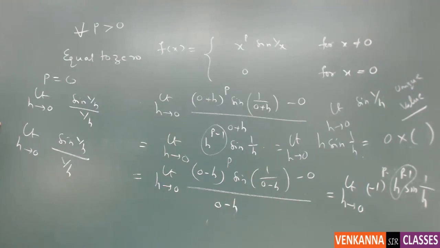Hence from p greater than 1 onwards, the derivative values are equal. Hence it is differentiable for all p greater than 1. So at the end, the conclusion is that for all p greater than 1, it is continuous as well as differentiable at x equal to 0. For all p greater than 0, it is continuous at x equal to 0. That was the conclusion. Okay.